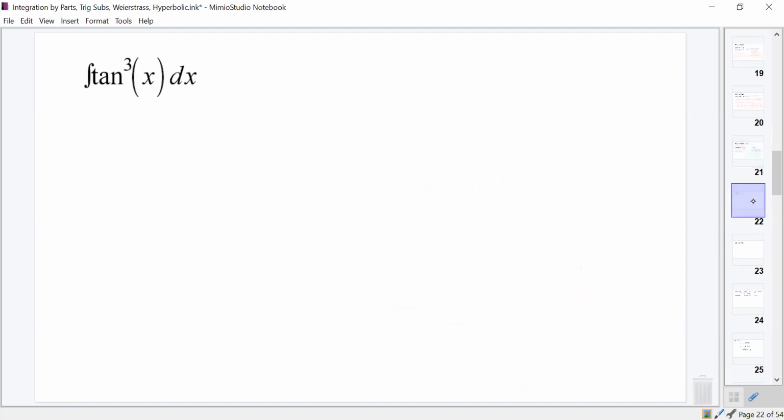All right. So let's see if we can integrate tangent cubed of x. So any thoughts on how we might want to start that?